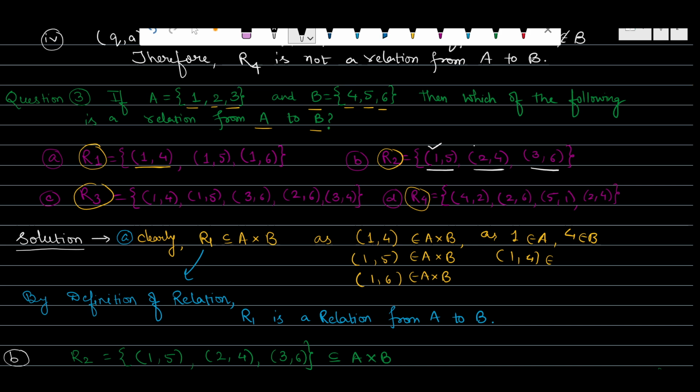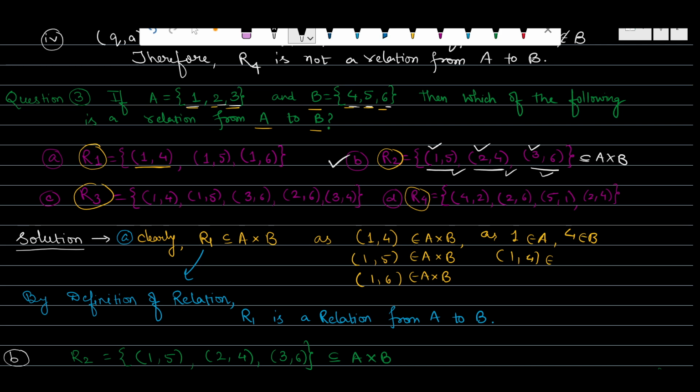Check: 1, 2 and 3 belong to the first set A, and 5, 4 and 6 belong to the second set. So this is also a subset of A cross B, as the ordered pairs are from A cross B. So R2 is also a relation from set A to set B.